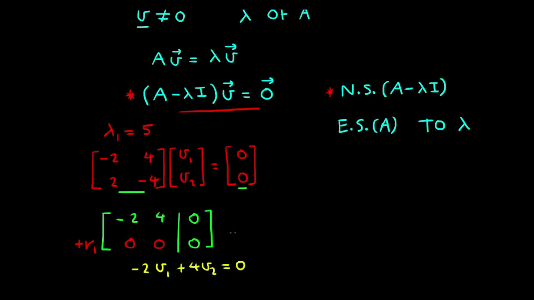And therefore if we let v2 equal t and solve this equation, v1 is equal to 2t. So therefore we can write the solution as v1 v2 is equal to t by 2 1.